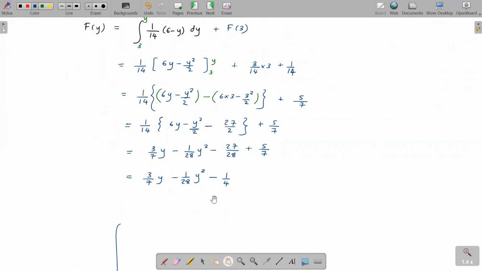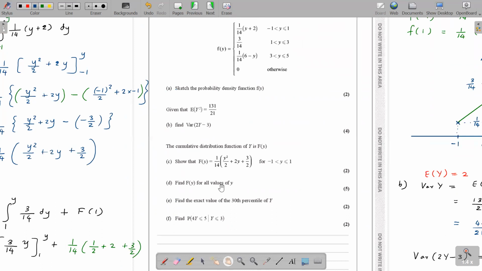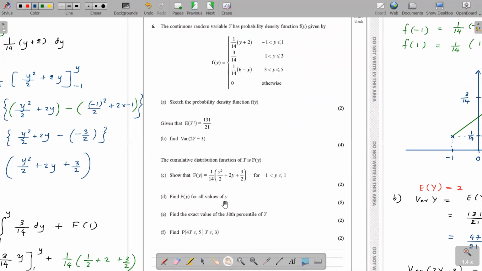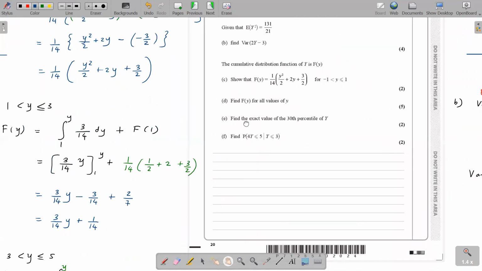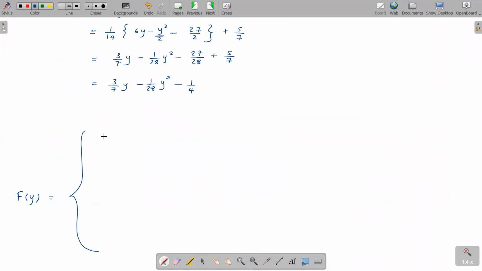Okay, starting from the first one. In between minus 1 to plus 1, what was the answer? That was the show that in part C, right? 1 over 14 y square. Can you all tell me? So first one is we write 0, for y value smaller than minus 1. Then the next one was 1 over 14, what was it?